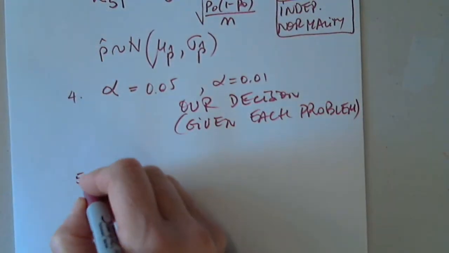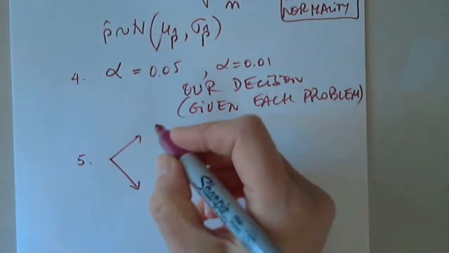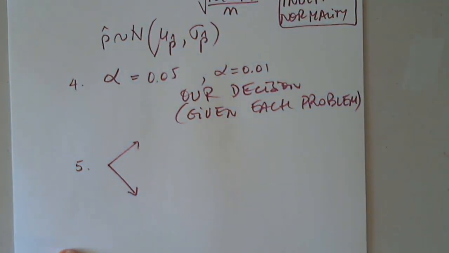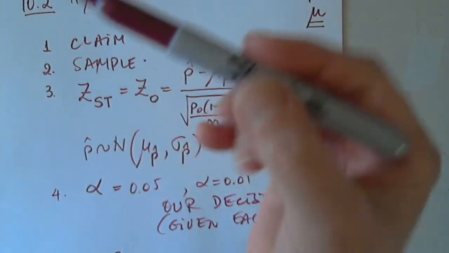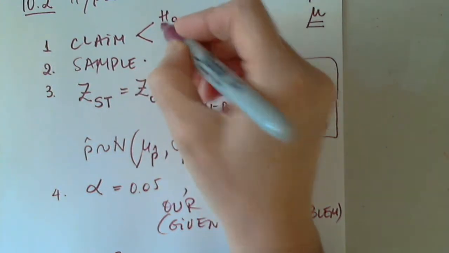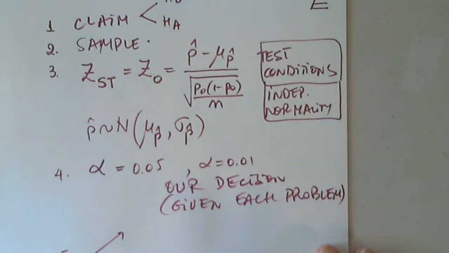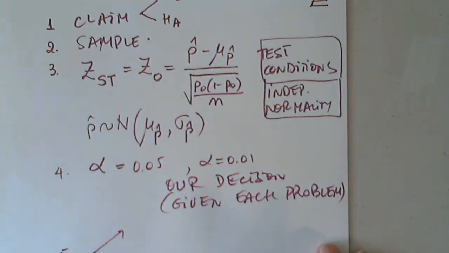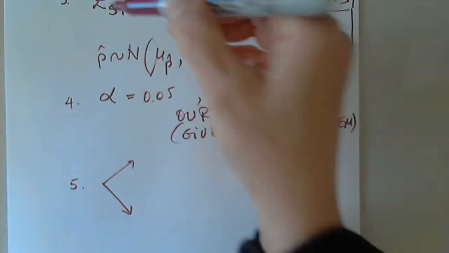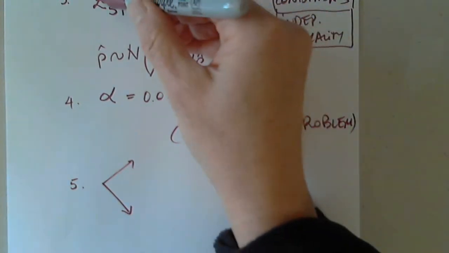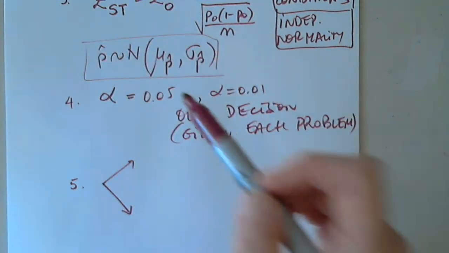Okay, in number 5, there are two possibilities, because it depends on the null hypothesis and the alternative. Once we have the claim, we have the null hypothesis and the alternative hypothesis. Then I collect the sample, I test the conditions, and I determine the Z statistic coming from the sample, because this is normal or maybe not.